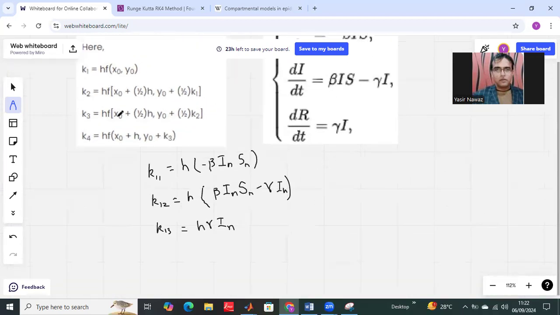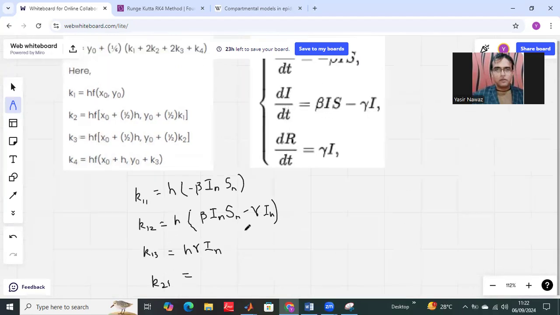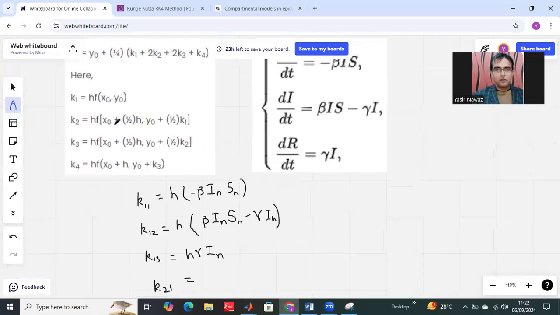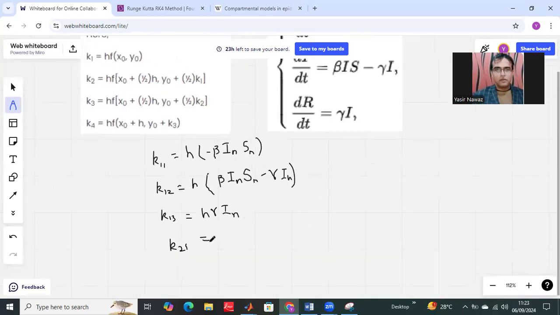Now I will apply the second stage on all three. For the second stage, I use the notation K21. K21 is for the first equation. When the second stage is applied on the first equation of the SIR model, the first equation is minus beta, H. So it says y naught plus half K1.